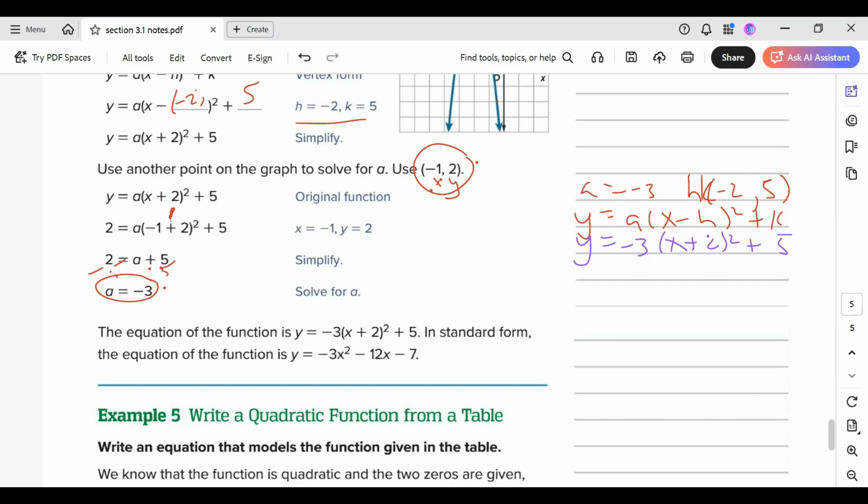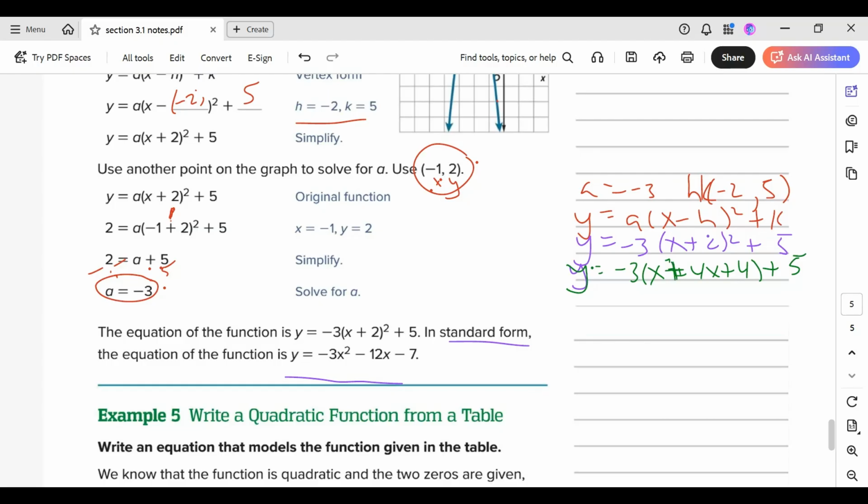Now, to get to the standard form, y equals -3x squared minus 12x minus 7, what they did was expand our equation. They had y equals -3 times x plus 2 squared, and that became x squared plus 4x plus 4, plus 5 on the outside.